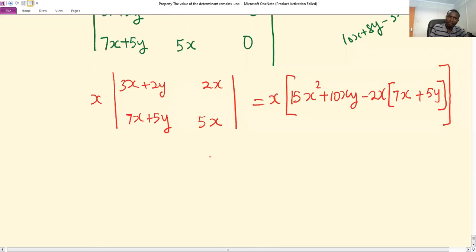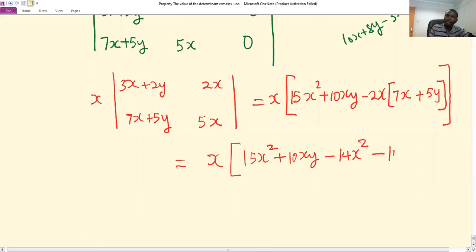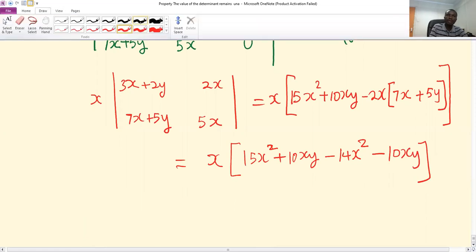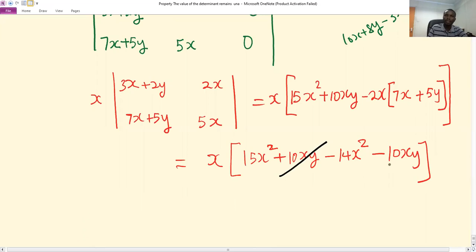So we'll have x into 15x squared plus 10xy minus 14x squared minus 10xy. So 10xy minus 10xy gives 0.